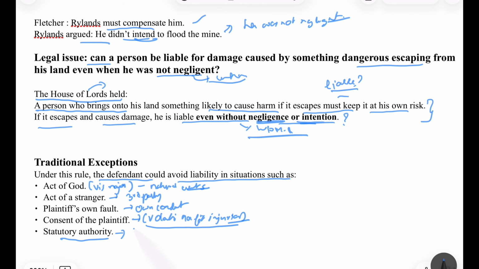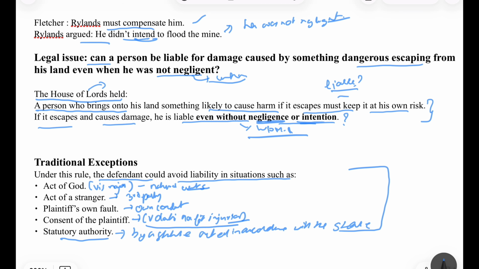That means the activity was authorized by a statute passed by the parliament, and the defendant acted in accordance with the statute. So these are the defenses or the exceptions, we can call them.